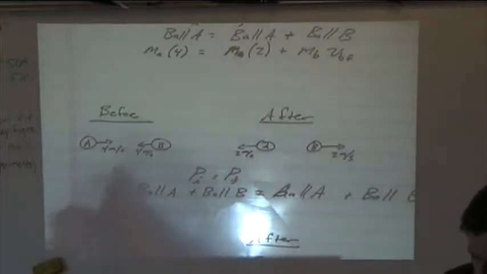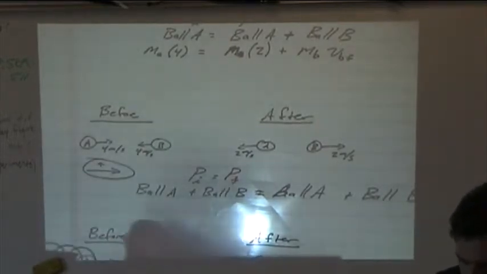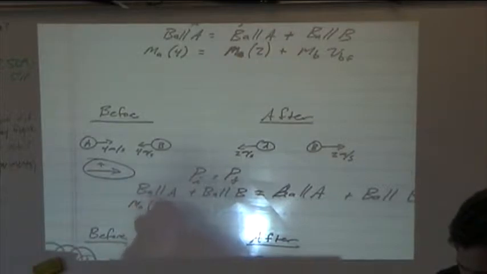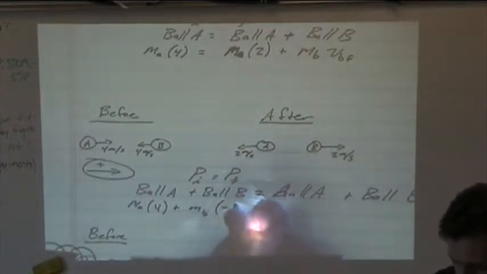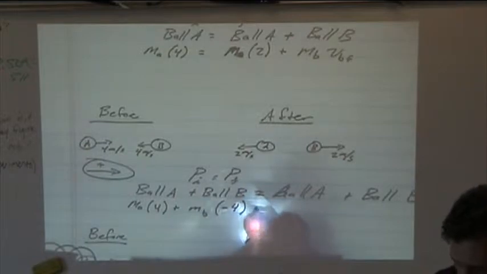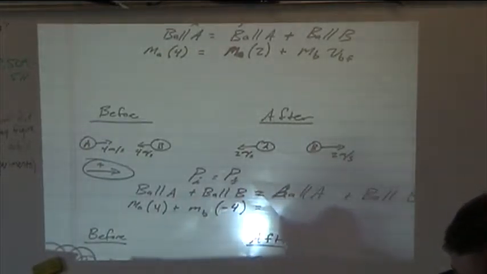Well, this is where we need to choose a positive direction. Let's let to the right be positive. Well, that would mean we'd have MA times 4 plus MB times negative 4. And over here, we'd have MA.